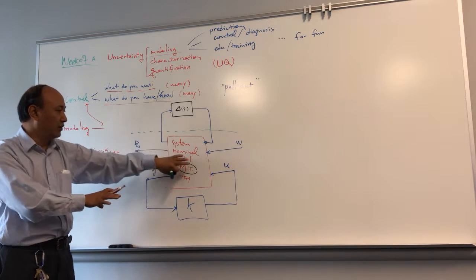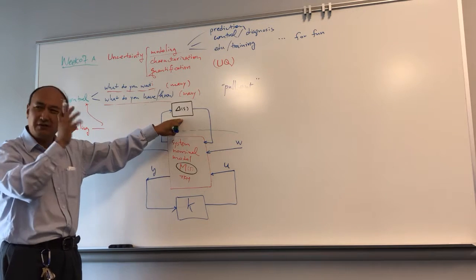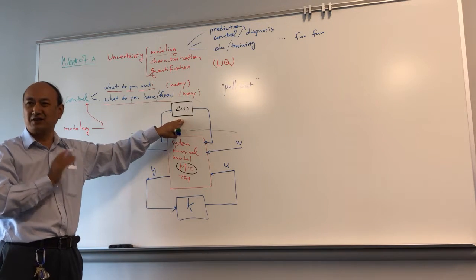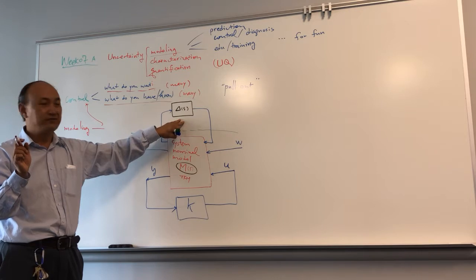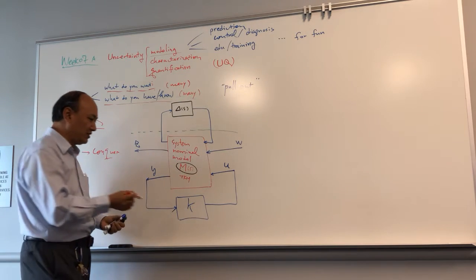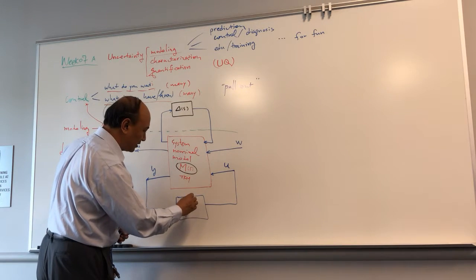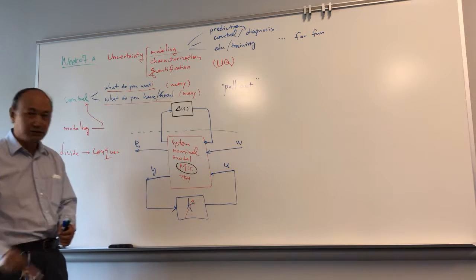So you have knowledge of this one, you have a little bit of knowledge about this, not full knowledge, but partial knowledge about this. So this is something you can really change, okay? You can change.